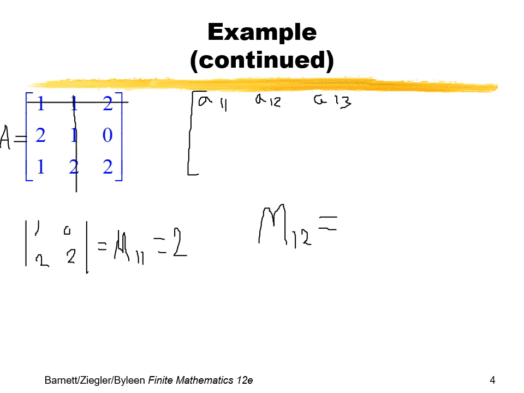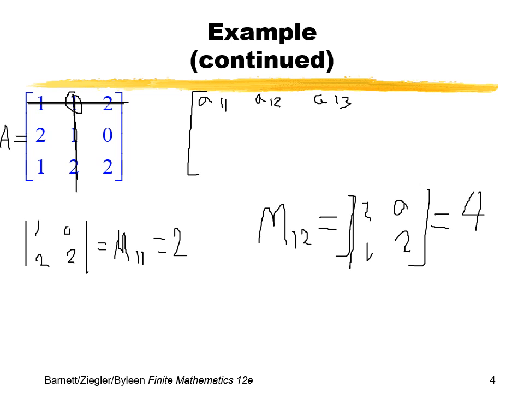Element 1,2, which is here, we cancel out its row and its column. So we get a determinant 2, 1, 0, 2, which equals 4. So minor 1,2 equals 4.